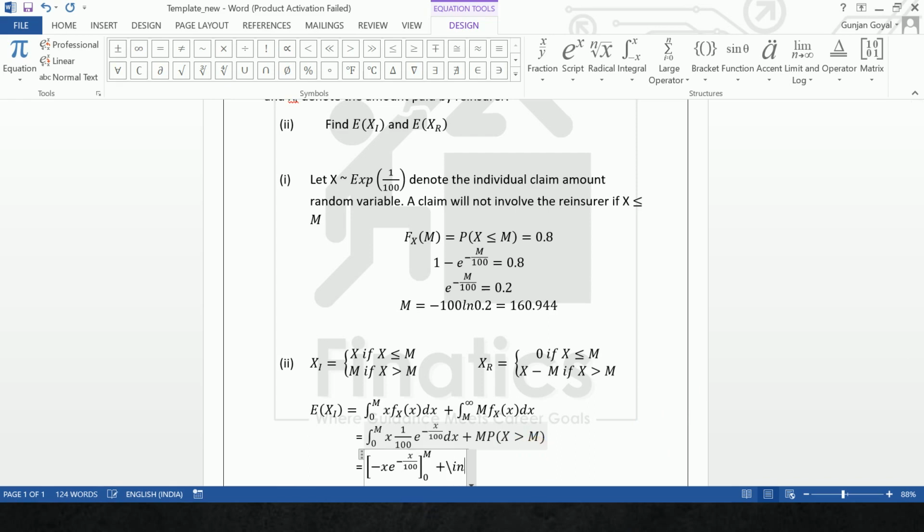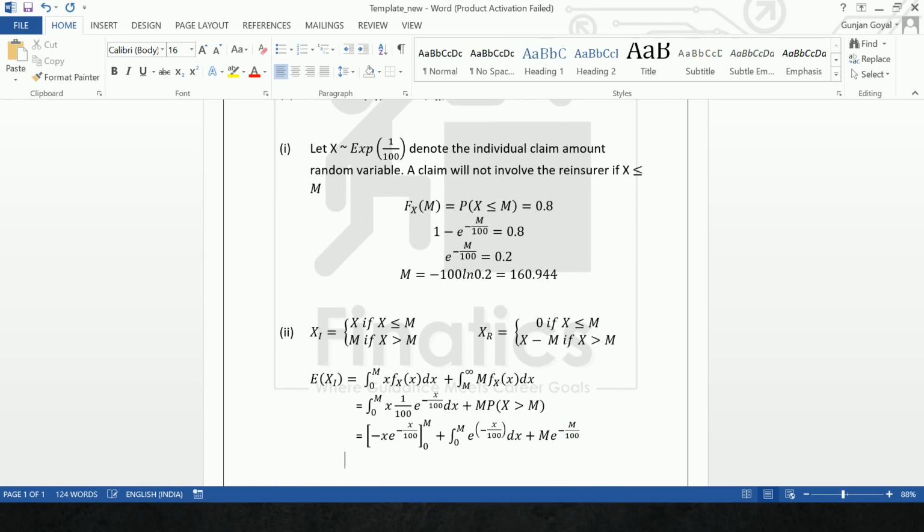The integral from 0 to M of e to the power minus x by 100 dx, and then the extra part, which is M e to the power minus M by 100. Okay, and this we got it.